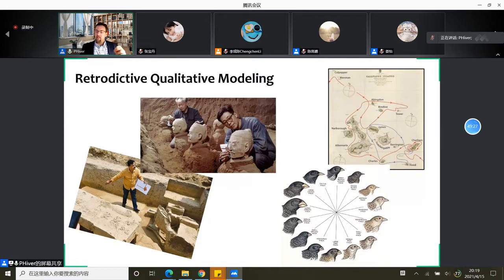He was essentially retrodicting from present evidence. In his case, it was these finches, these birds you can see here. And through a backwards analysis, Darwin was constructing a model of how the natural specimens he had came to be the way they were. And of course, he termed that the theory of natural selection. So Darwin may have been one of the first to use RQM as a formal method of science.